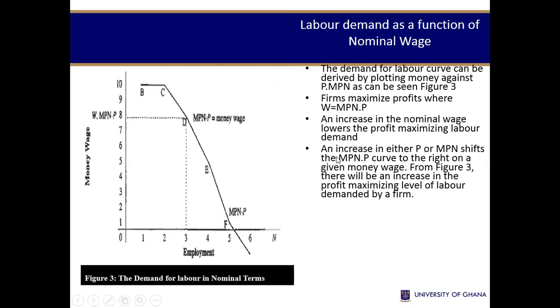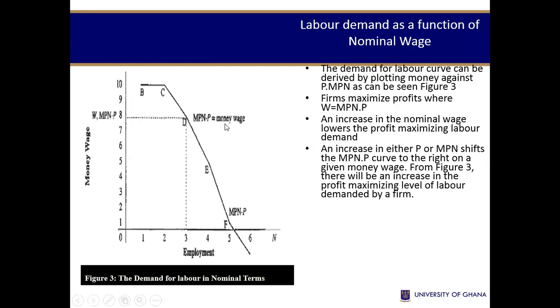Let's look at some of the dynamics. Now, assuming there's an increase in the nominal wage, if there's an increase in money wage, what is going to happen? What this means is that now there's an increase in the cost of hiring labor. The price of hiring labor has gone up. In other words, we can just push this curve up.